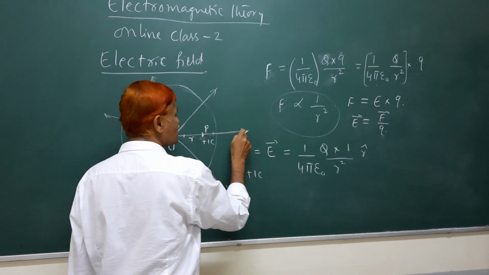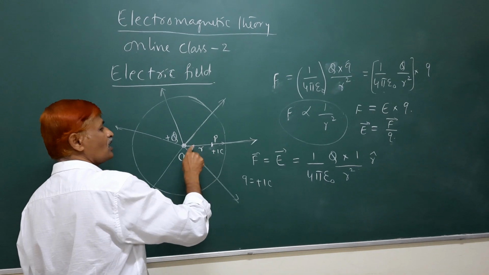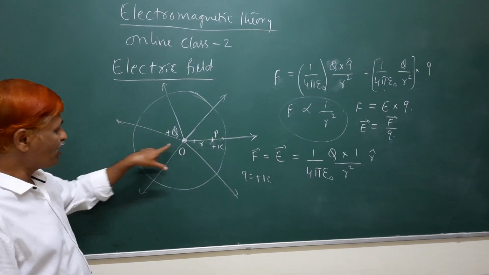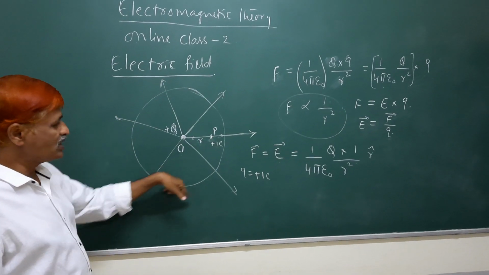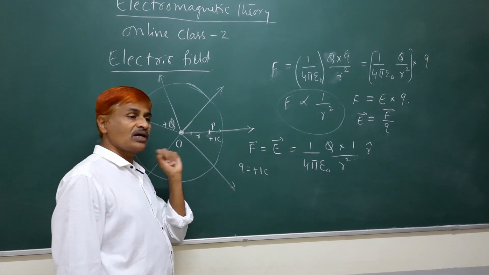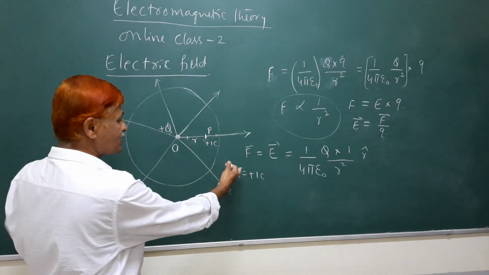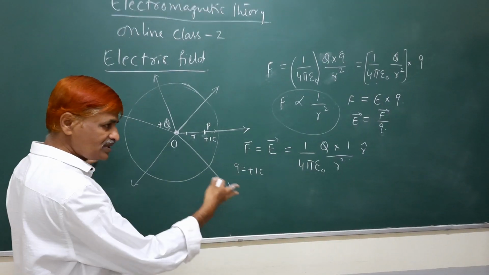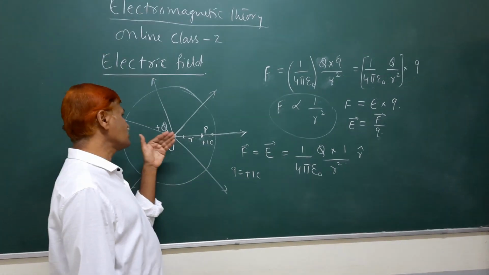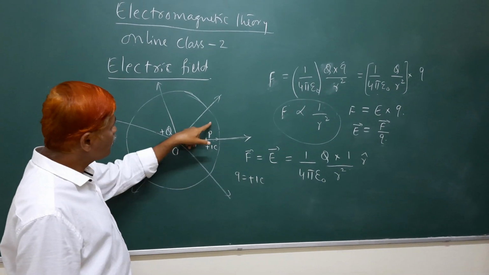If you place any 1 coulomb test charge, E is always radially outward. For a point charge, the force is infinite in principle, but practically after a long distance, the force experienced by the second charge is negligible.